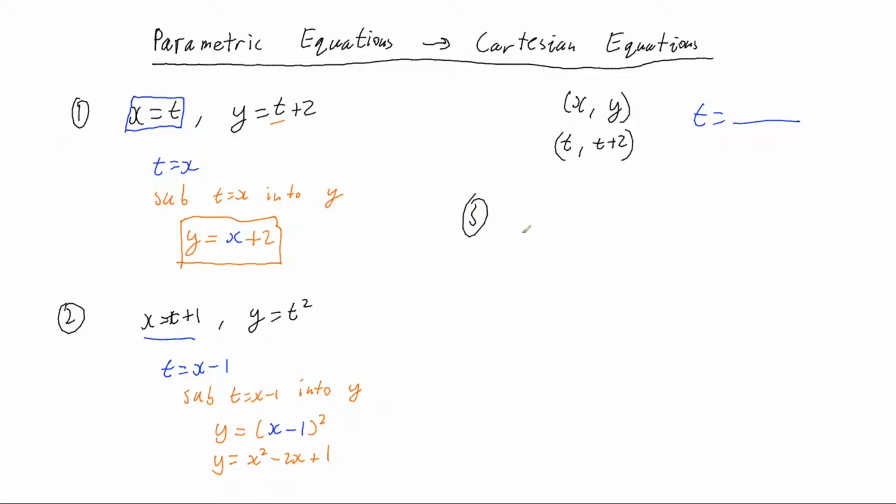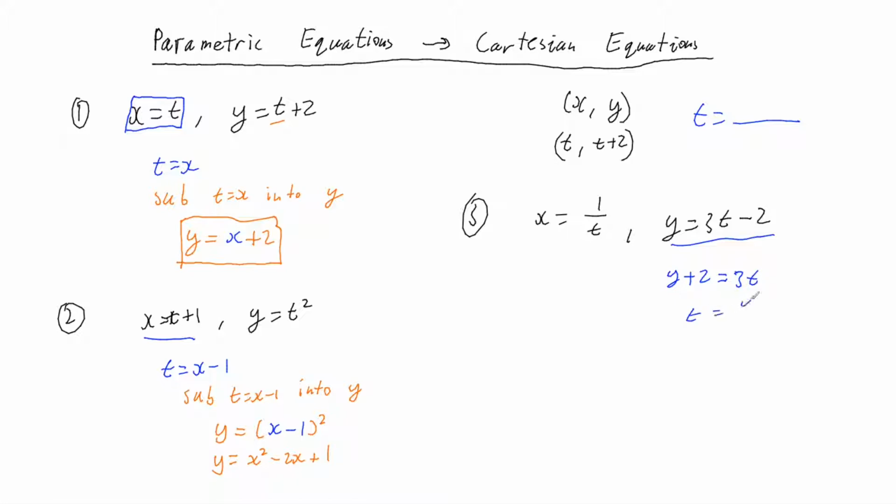My last one, I've got x equals 1 on t, and y equals 3t minus 2. Again, we want to pick whichever one's going to be easier to rearrange for getting t on its own. I'm going to start off picking the y equation this time, and see where we end up. So I've got to add 2 to both sides: y plus 2 equals 3t.